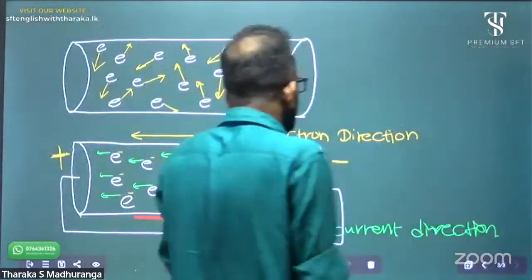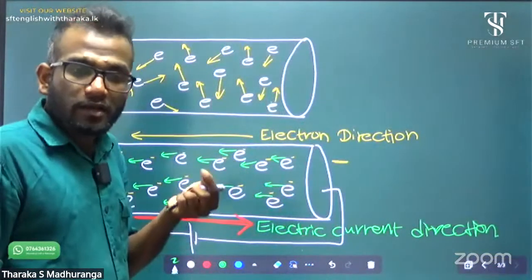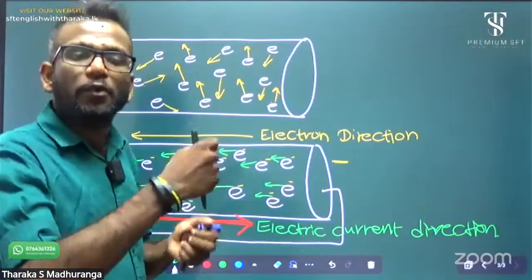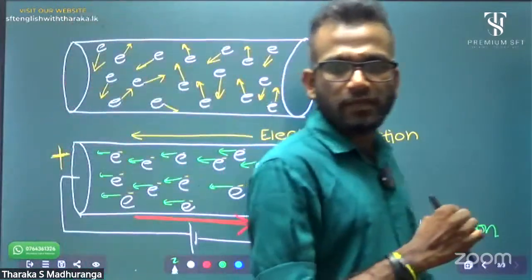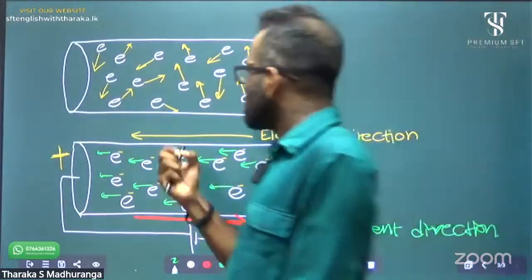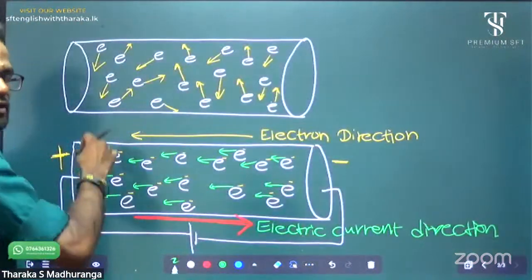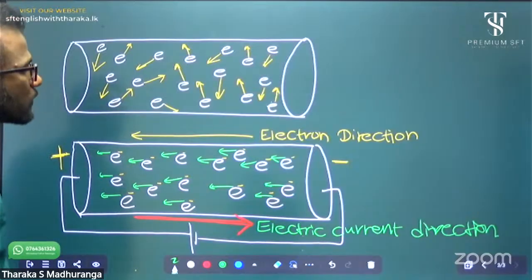These free electrons are the main elements important for the formation of electric current.